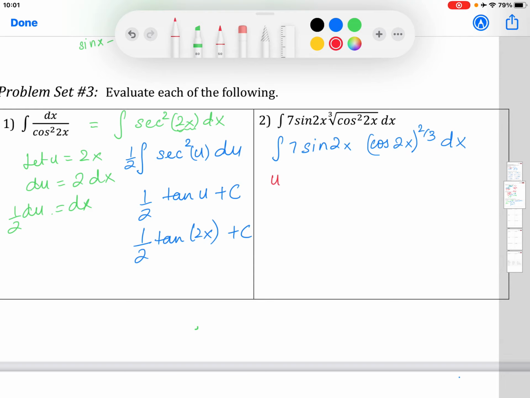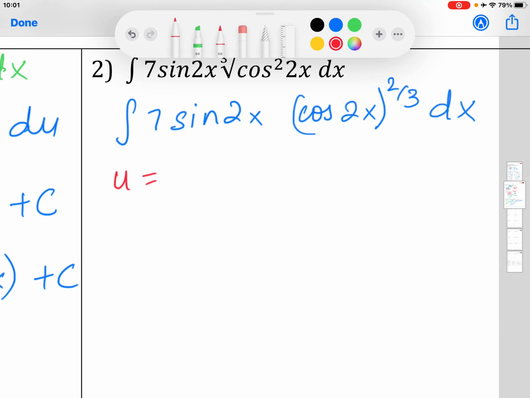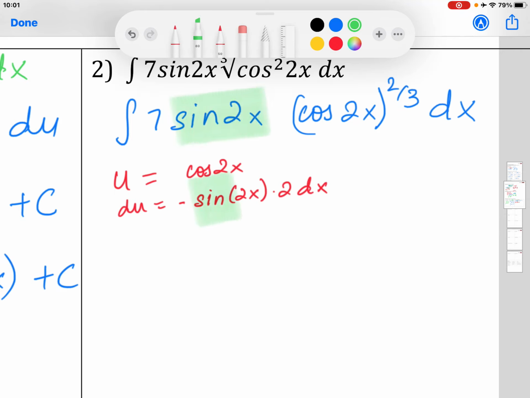So let u be cosine 2x. So du would be negative sine, and this is going to be chain rule, times 2 dx. So again, let's check what I have: sine 2x and dx.